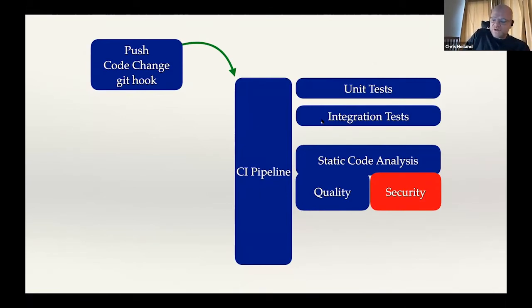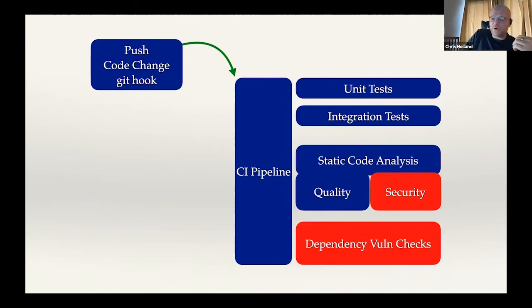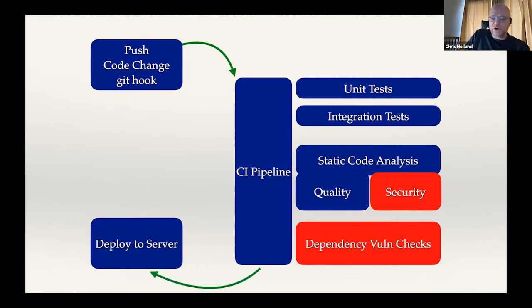And then once you've done your static code analysis, that's when you're also going to fire up your dependency vulnerability checks. Again, that's to detect which of the open source software packages you're using in your application have known vulnerabilities. So let's say you pass all of those checks. That's when you might deploy your code to a server.